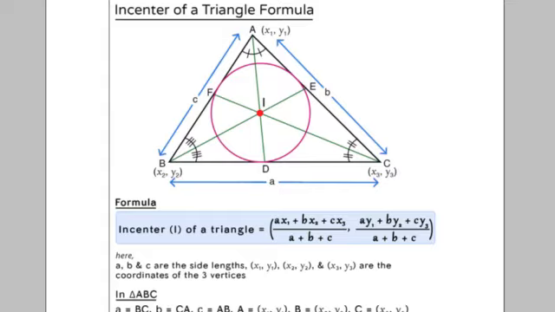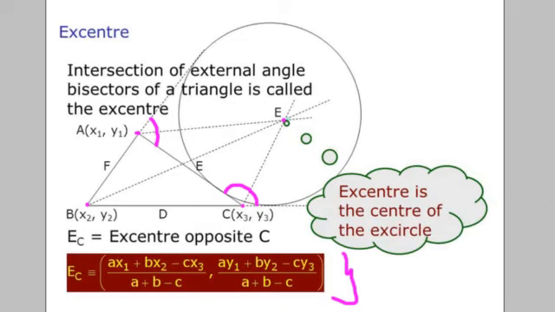Similarly, we can find the excenter of a given triangle. The excenter is the intersection of the external angle bisectors of a triangle. The external angle is this one.